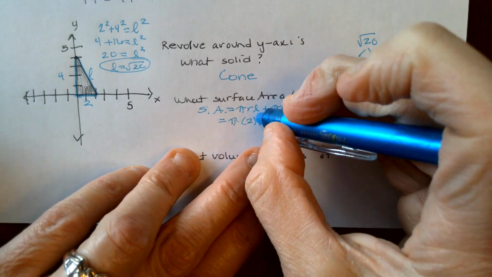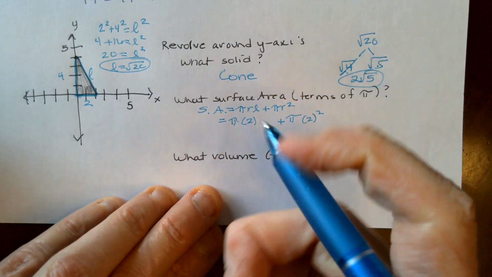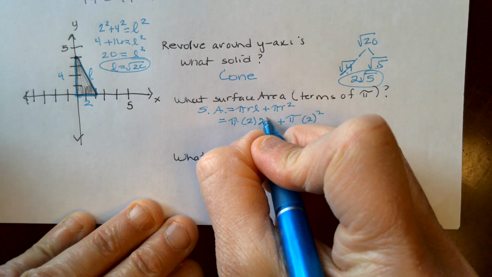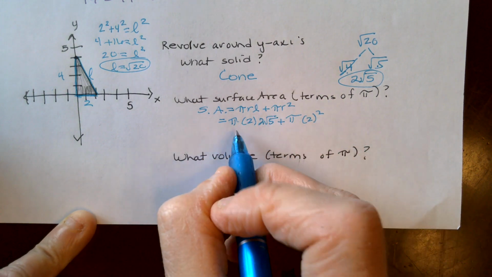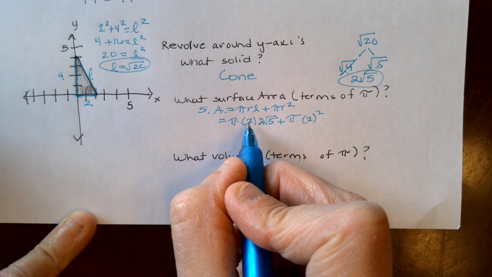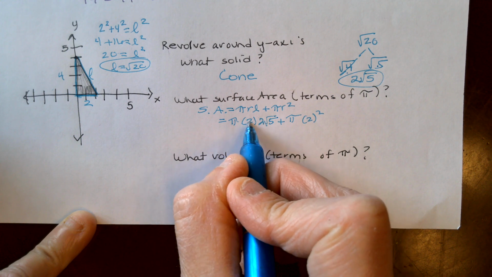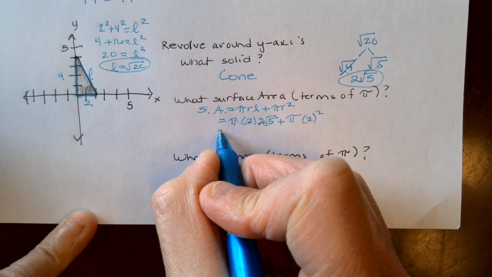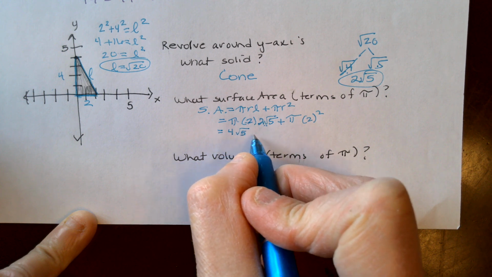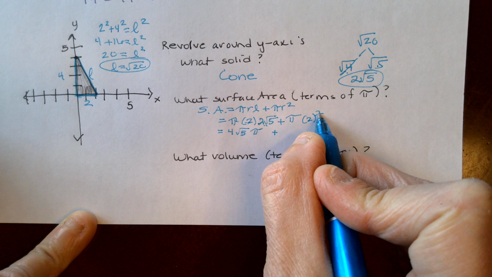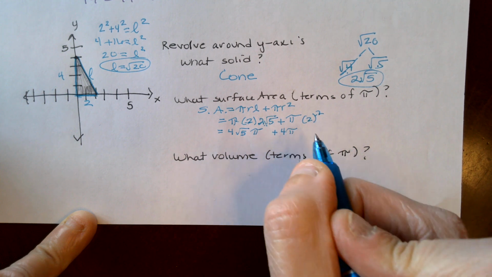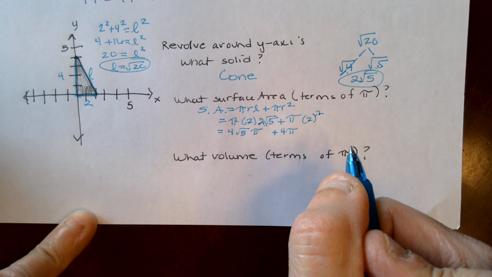So instead of putting that in there, I should have put 2 root 5. All right, so let's simplify the best that we can do. I've got this times this, and since they're all multiplied, I can do 2 times 2, which is 4, square root of 5, and then pi, that's that part, plus 2 squared is 4, pi.